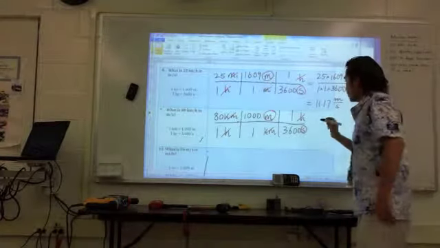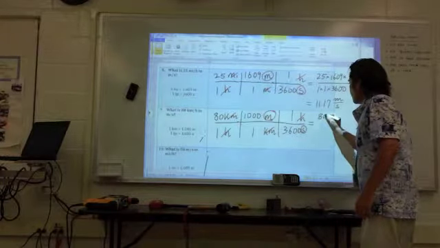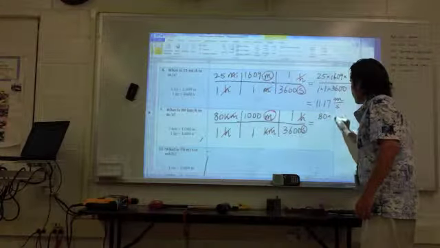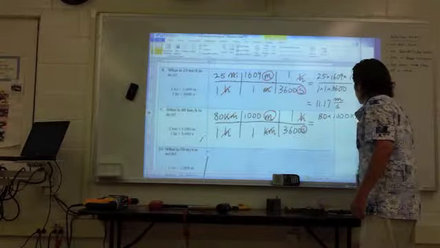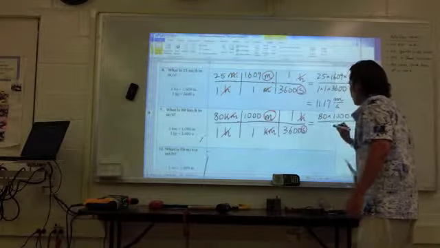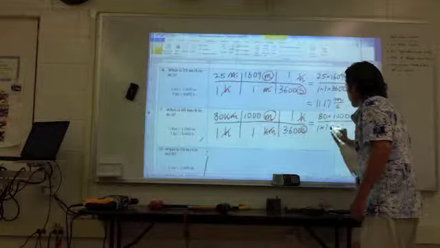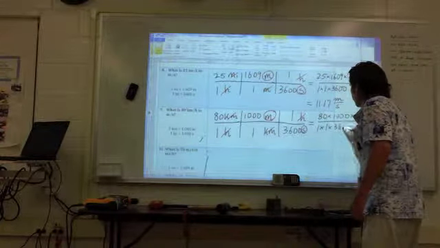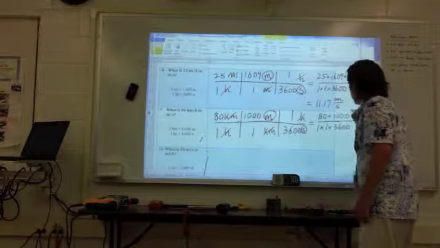Collect the numerical terms. Upstairs we have 80 times 1,000 times 1 divided by 1 times 1 times 3,600, and the unit is meters per second. Okay.